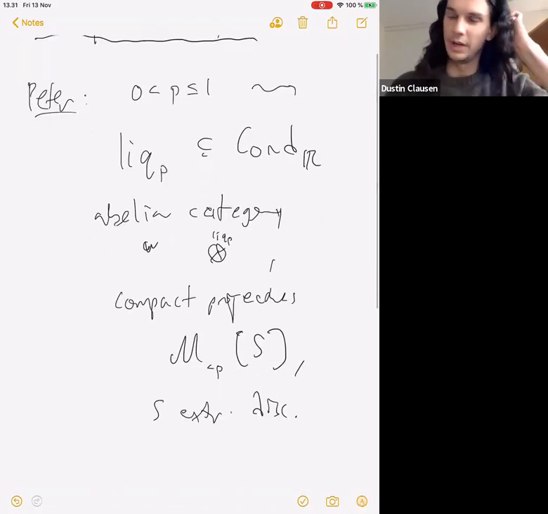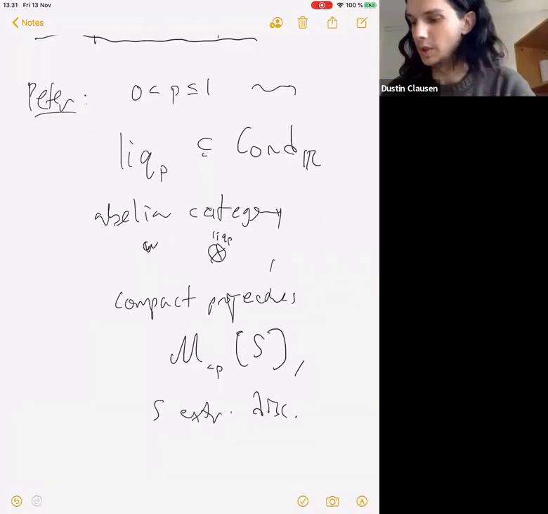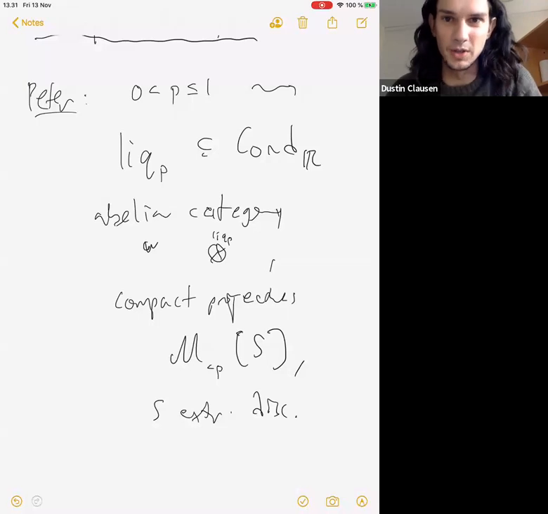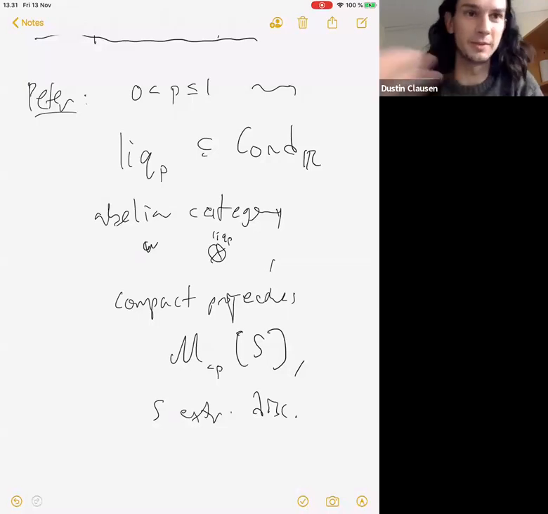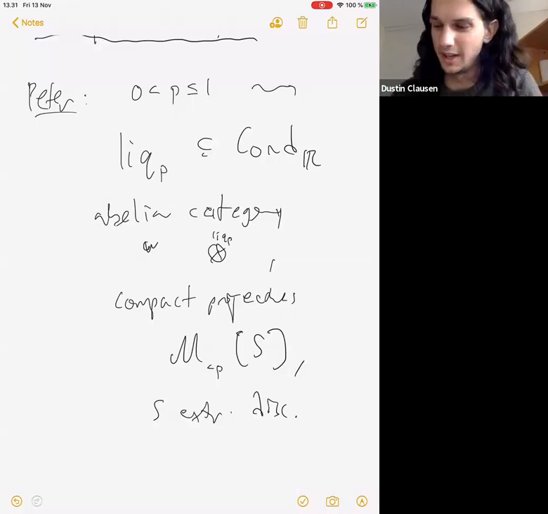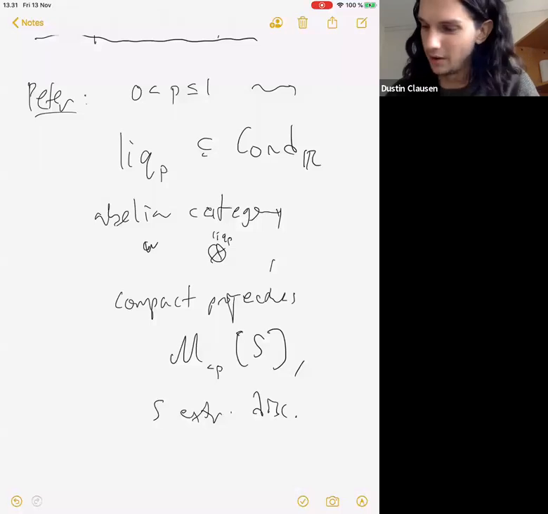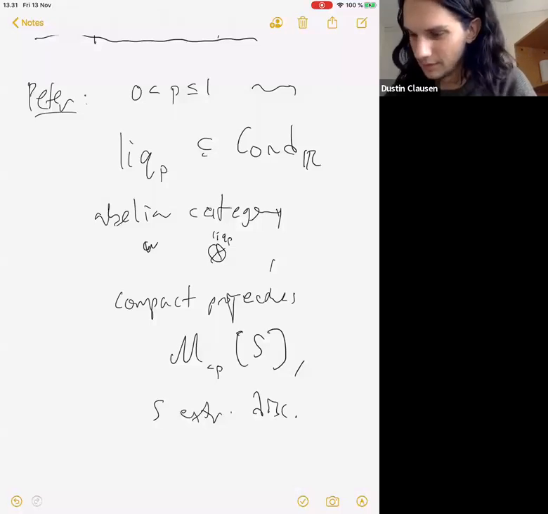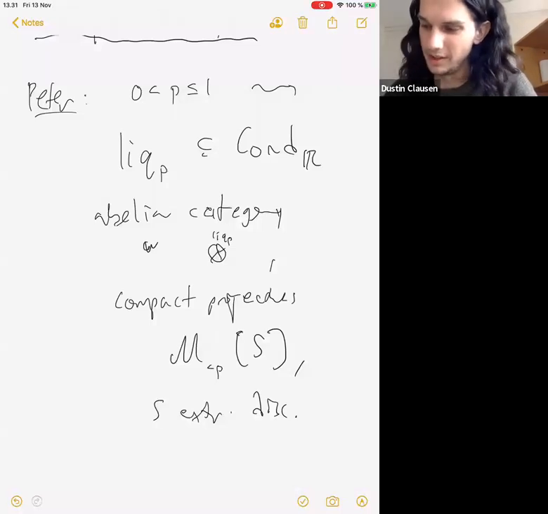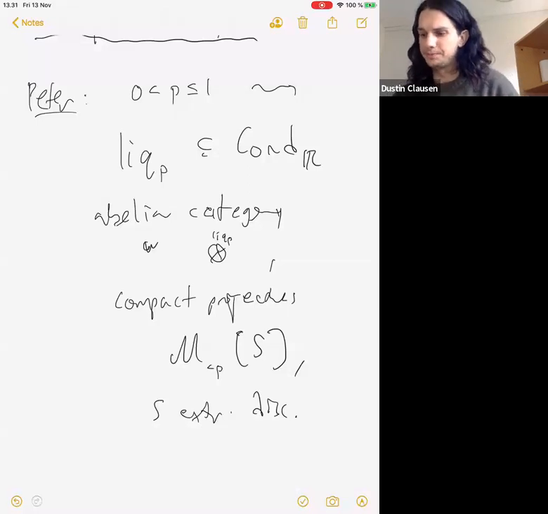And if you recall, the way it was defined was, well, we started with a more naive space of measures, which is the usual Radon measures, which are the ones that kind of pop up in classical functional analysis. But then we saw that if you tried to take those as your basic objects, then you wouldn't be generating an abelian category. At least, I mean, you could generate an abelian category, but it wouldn't have any nice properties.